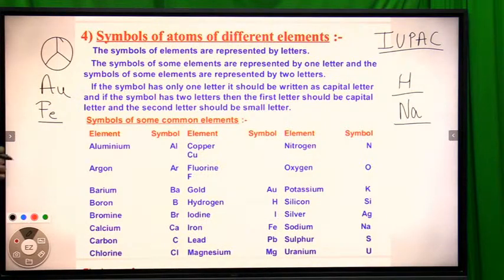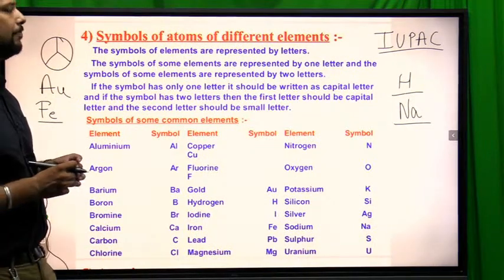If the symbol has only one letter, it should be written as a capital letter, and if the symbol has two letters, then the first letter should be capital and the second letter small. This is the rule of writing the symbol of any element.